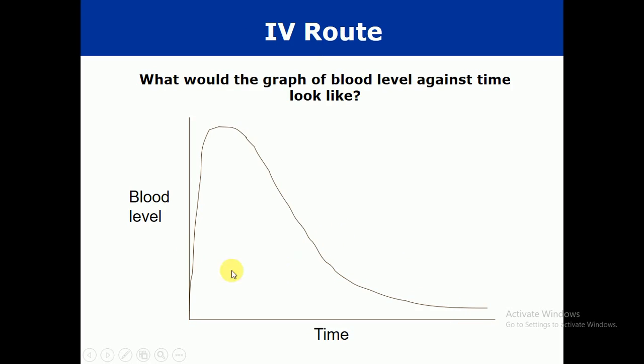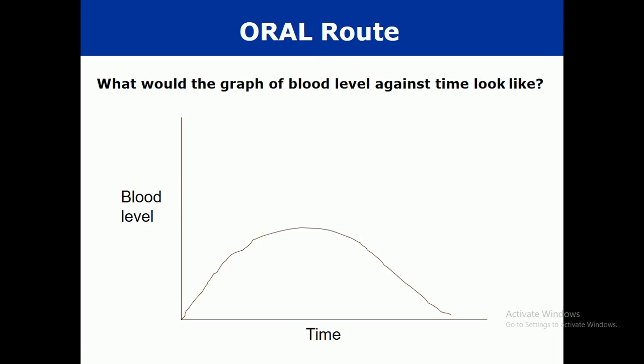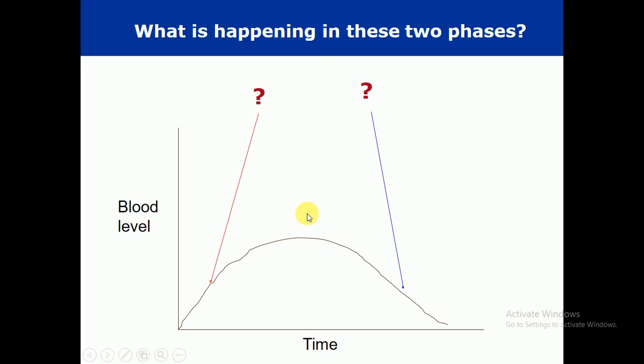This is the IV route. These are the peaks obtained after absorption following administration of any drug. Look at the difference between the IV route graph and the oral route graph. This is the graphical representation of the IV route, and this one is the graphical representation of the oral route. So you can easily differentiate between the oral and IV route.